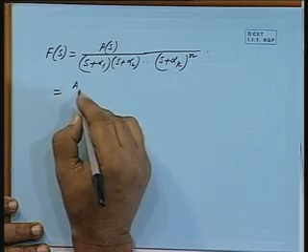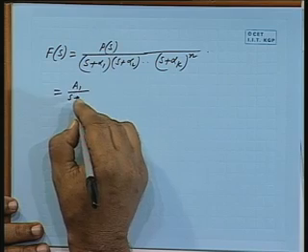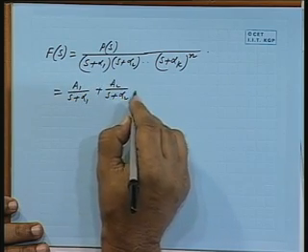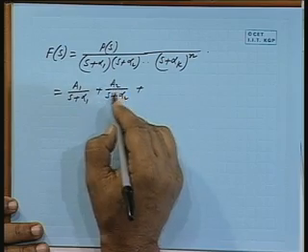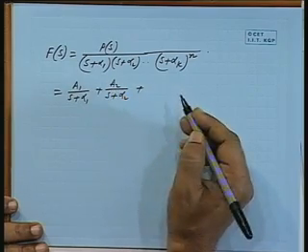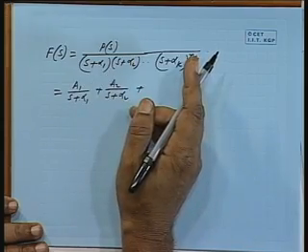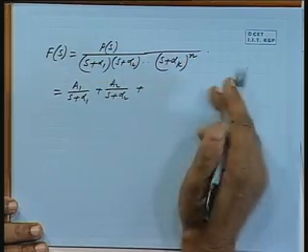Then this can be written as a1 by s plus alpha 1 plus a2 by s plus alpha 2 and so on. Evaluation of a1, a2 etc. is very simple, straightforward. Multiply by s plus alpha 1, then make s plus alpha 1 equal to 0, you will get a1 and so on.